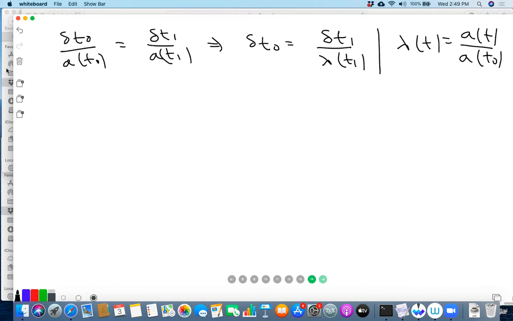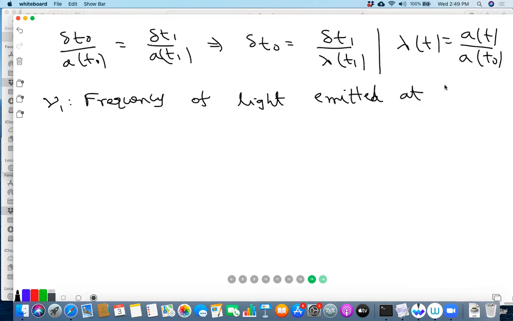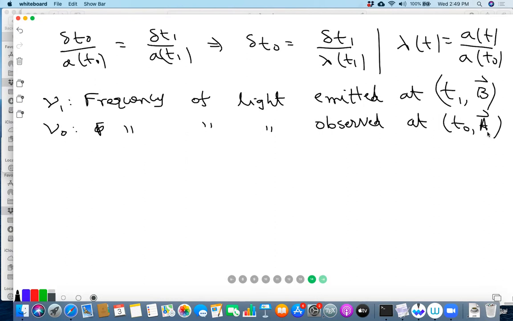So this now can be translated into a statement about the frequency. Let's suppose that nu 1 is the frequency of light emitted at t1 from B, and nu 0 is the frequency of the same light observed at t0 at A. Then it follows from this equation that nu 1 will be proportional to 1 over delta t1.